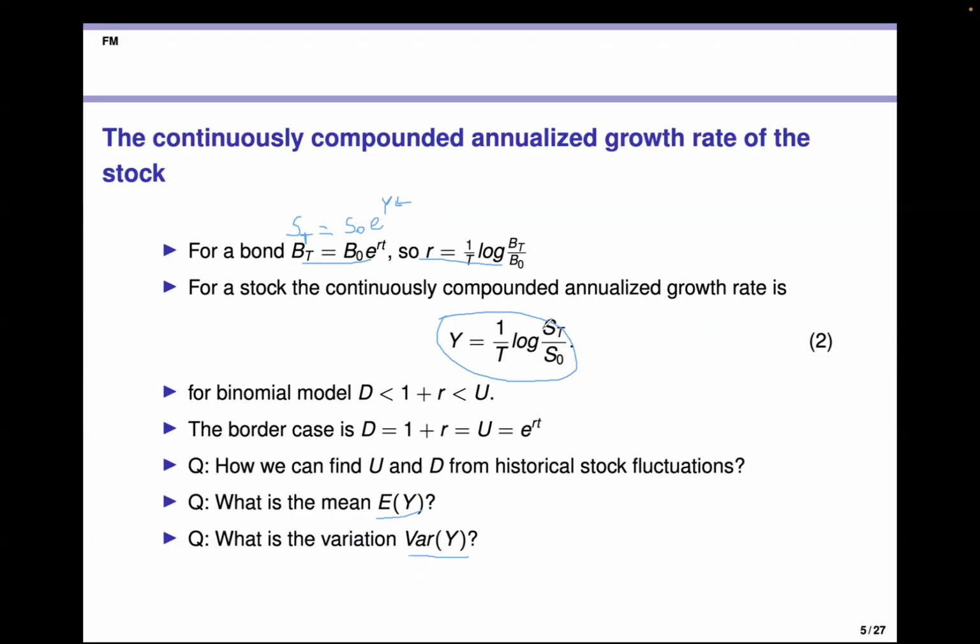You see that for the interest rate formula, BT is not a random value, but in this formula it is a random value, so we have the possibility to find the mean and variance. And you remember that for the binomial model there is a condition for existence of a risk-neutral measure, and the border case is when d equals u and equals 1 plus r, and 1 plus r equals e to the power RT, from the previous slide.